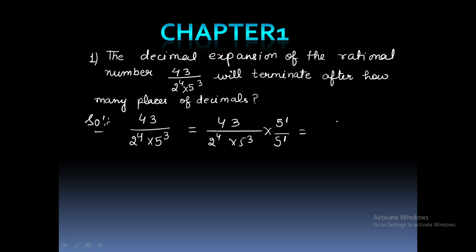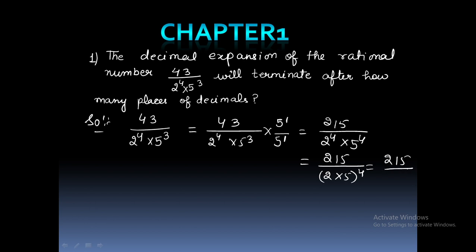It will convert into 43 multiplied by 5, 215, over 2 raised to power 4 multiplied by 5 raised to power 4. Now you can see the powers of 2 and 5 are common, that is 4. 2 fives are 10, so 215 over 10 raised to power 4.